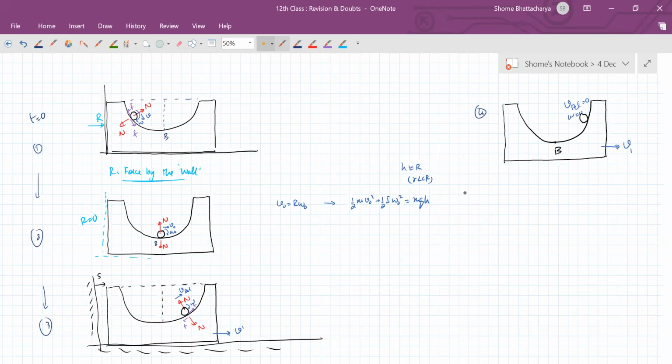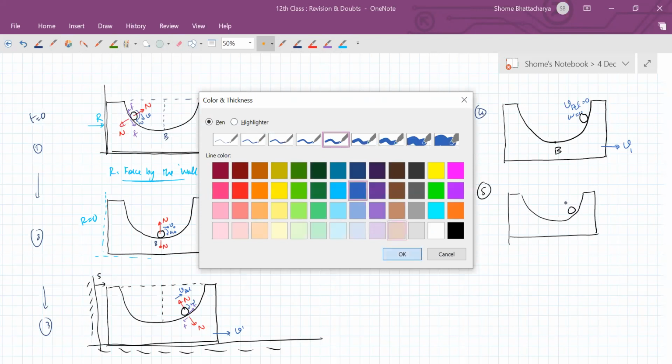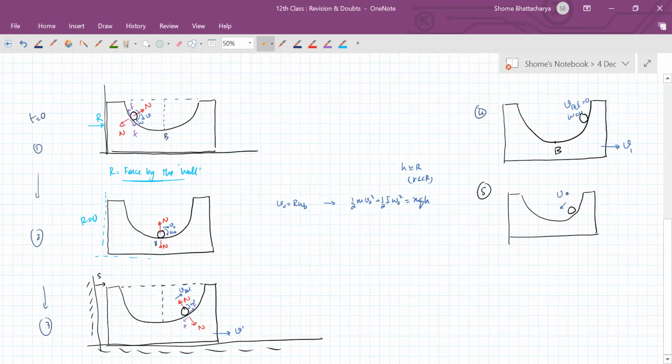So next in our frames, the sphere is somewhere here. It has relative velocity like this, angular speed like this, and the wedge has some v prime again, or v double prime or whatever.